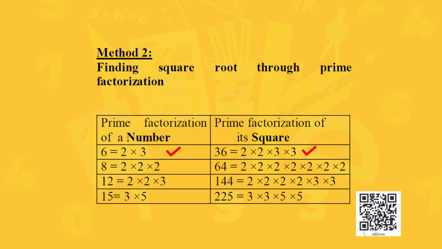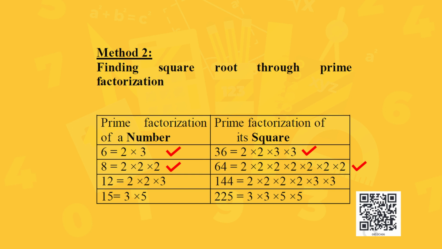Observe its square, 36, in the right column, whose prime factorization is 2 times 2 times 3 times 3. Next, consider the number 8, whose prime factorization is 2 times 2 times 2. The square of 8 is 64, and its prime factorization is 2 times 2 times 2 times 2 times 2 times 2.